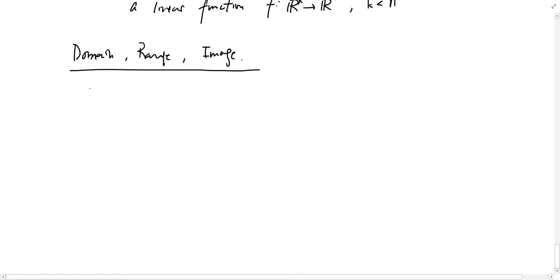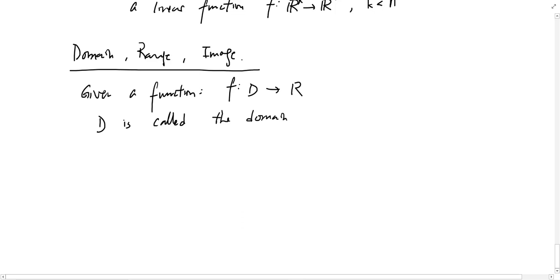Suppose we are given a function f that maps from D to R. In this expression, D is referred to as the domain of the function, basically meaning the set of all possible inputs.